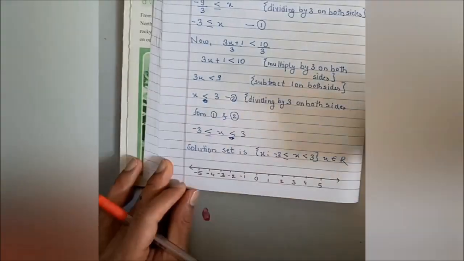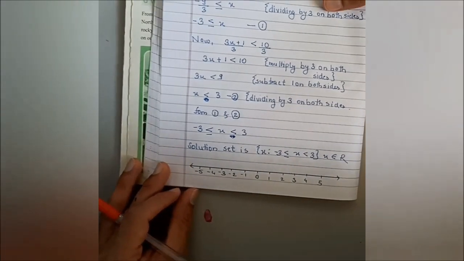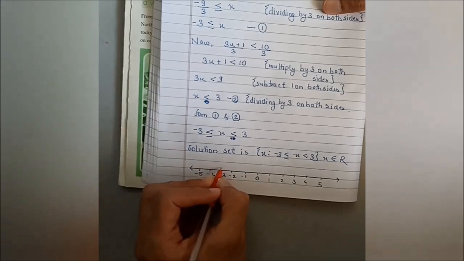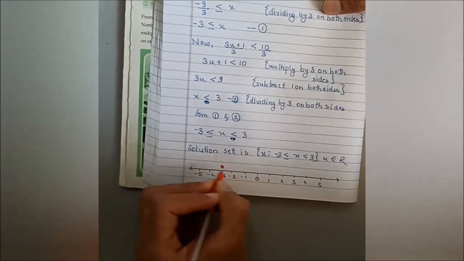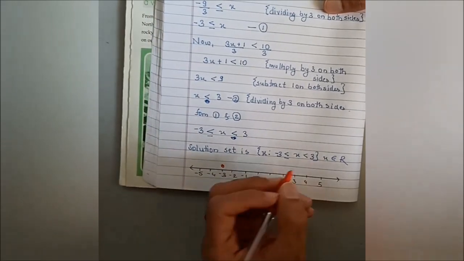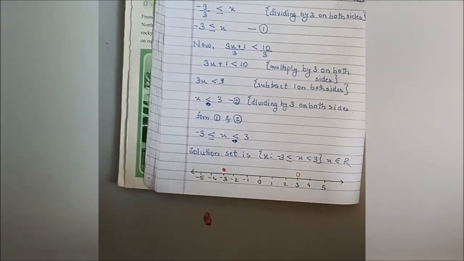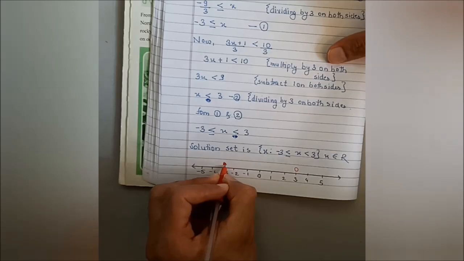This can be plotted on the graph as -3 is less than or equal to x, so -3 is going to be included, and value of x is less than 3, so 3 will not be included. So this is the graph that I'll have to show on the number line.